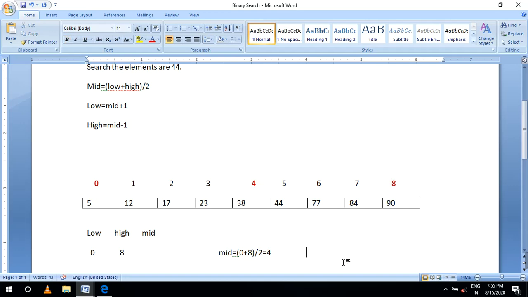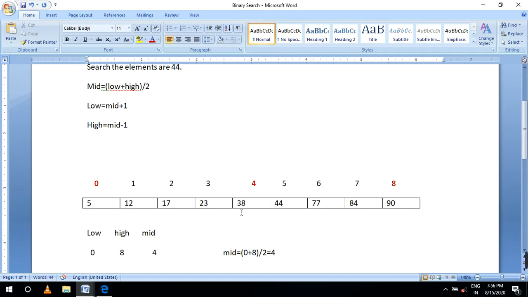So low value 0, mid value 4, high value 8. In between we are calculating the array sizes. Based on the sizes you have to calculate low, mid and high values. We are giving particular elements to search for. Now the mid value is 4.